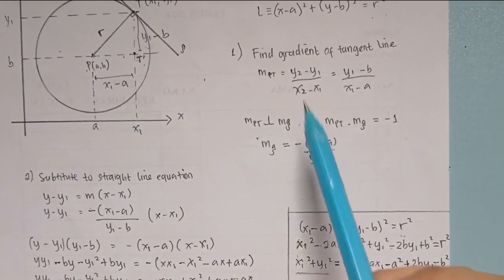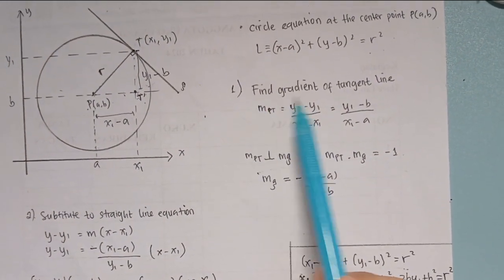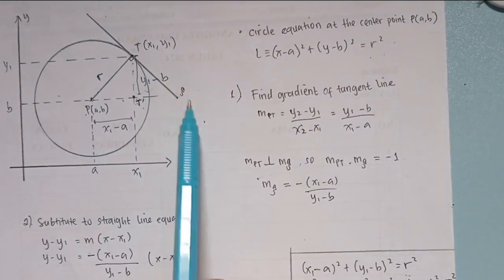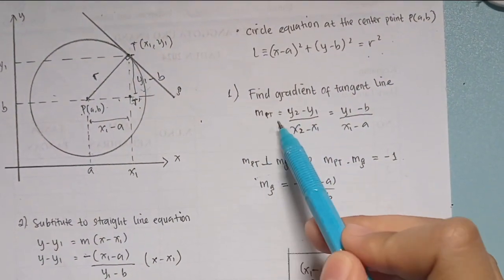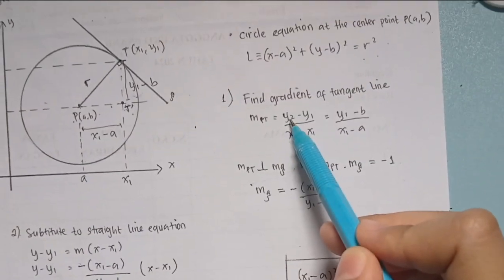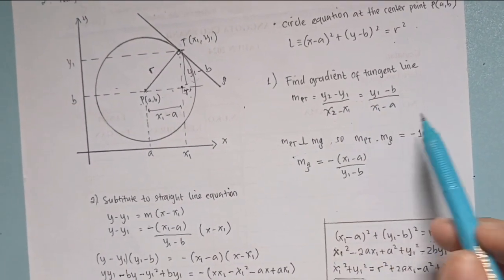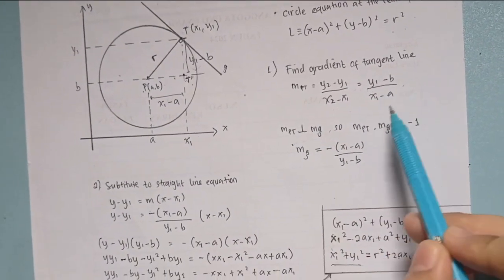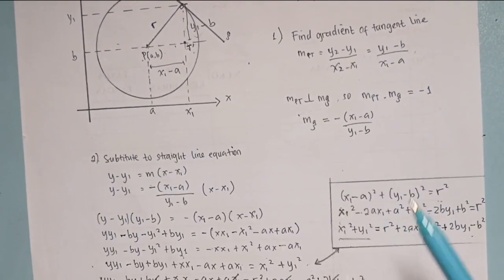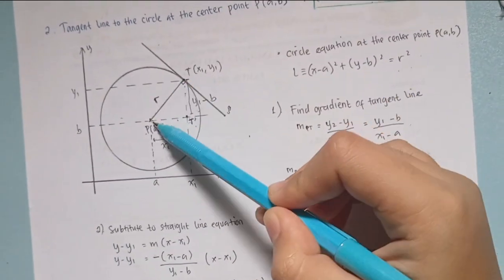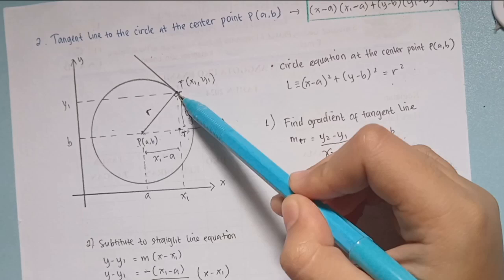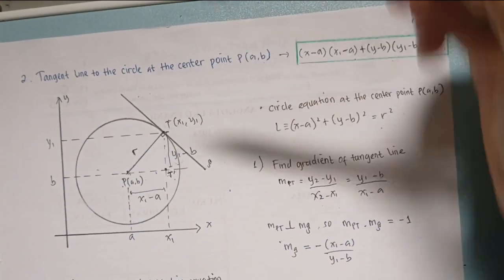So the first step, we must find the gradient of the tangent line. We can use the formula gradient PT is equal to y2 minus y1 all over x2 minus x1, which is equal to y1 minus b all over x1 minus a. We know line PT and line g are perpendicular.